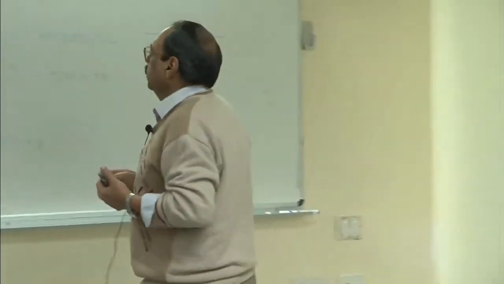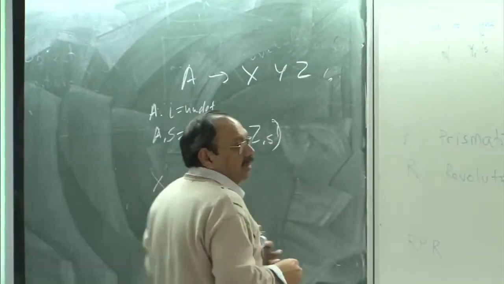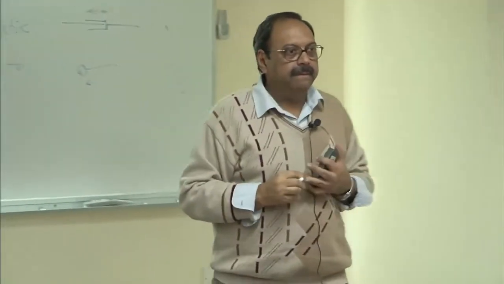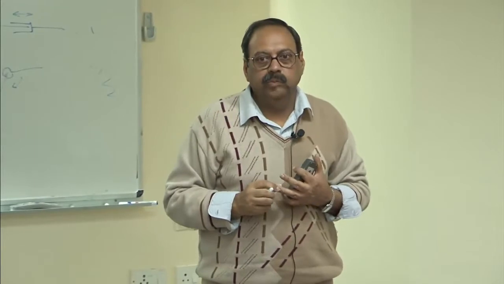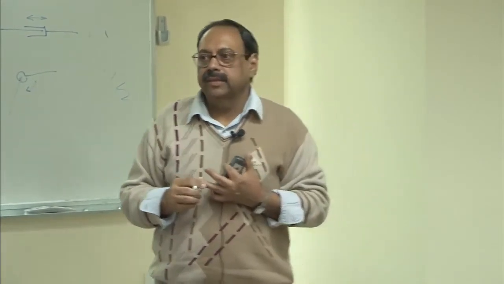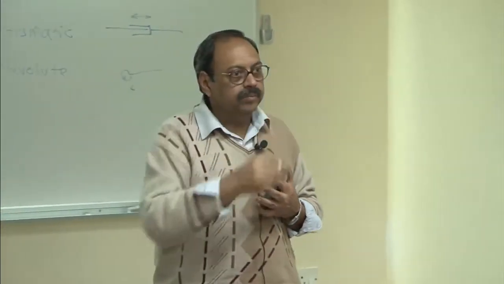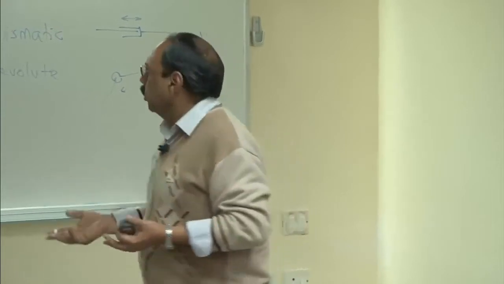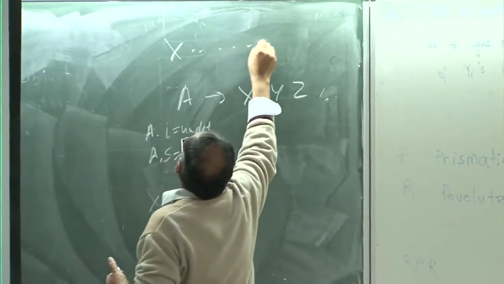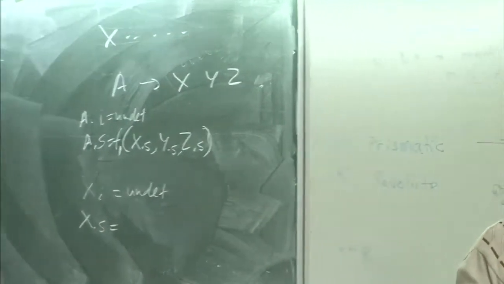No. So, this is also undefined. What about x synthesized? What does x synthesized depend upon? So, there is going to be some rule corresponding to x somewhere and it will depend upon the symbols on the right hand side. So, xs can be defined.